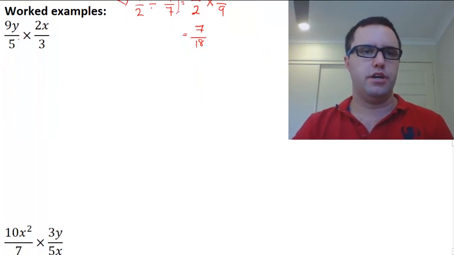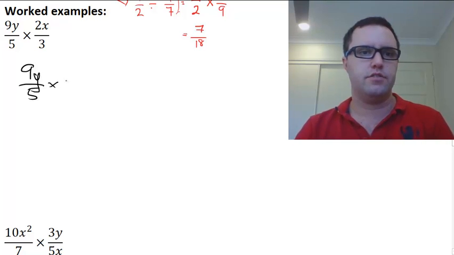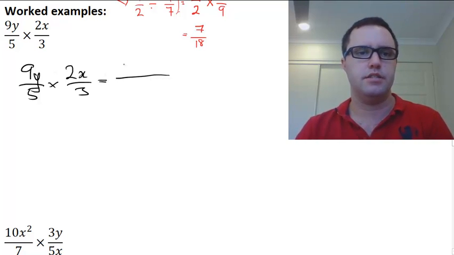I'm just going to quickly go through these because it's quite easy. So we have 9y over 5 times 2x over 3, and we simply multiply our numerators. So 9y times 2x over 5 times 3. The denominator is easy to work out here, it's 15.